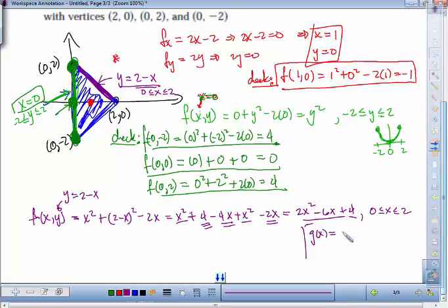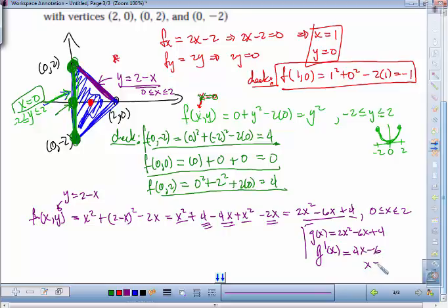So let's pretend that this is a function of x: 2x squared minus 6x plus 4, between 0 and 2. Then find the derivative, g prime of x equals 4x minus 6.